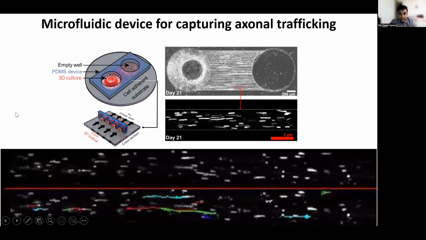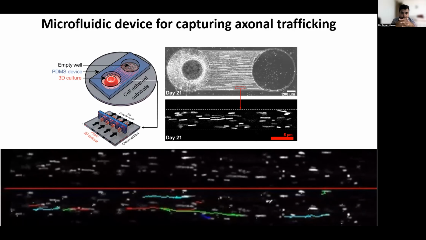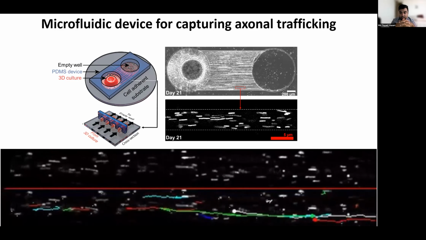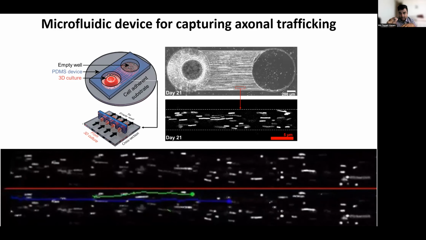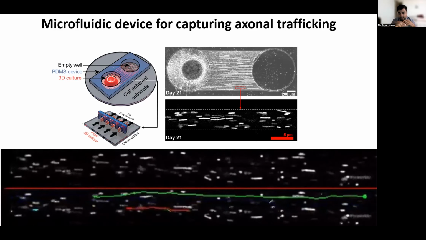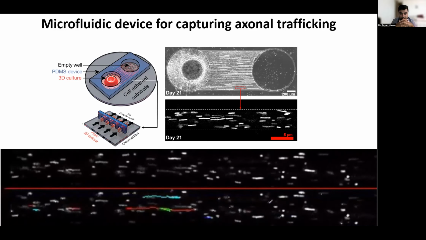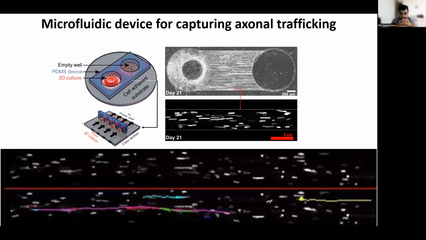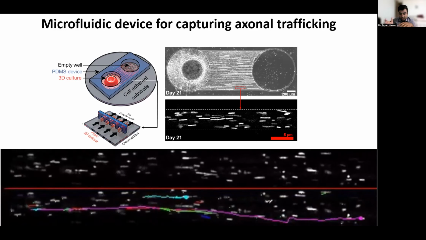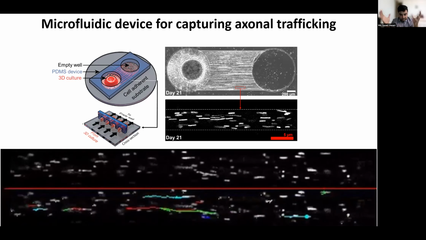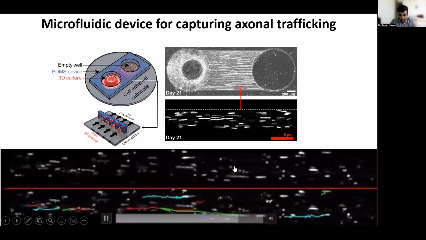At the bottom you can see the mitochondria moving, and at the very bottom the same video, but using AI we can now specifically detect which mitochondria are moving in which way, and detect all of them in a high-throughput manner. Right now I'm developing this as an assay system in a 384-well plate, so that you can analyze 384 cultures or 384 compounds at the same time with these mitochondrial movements.